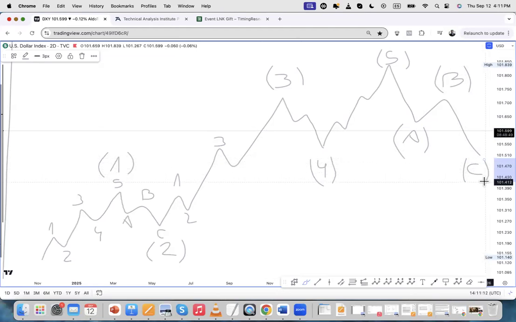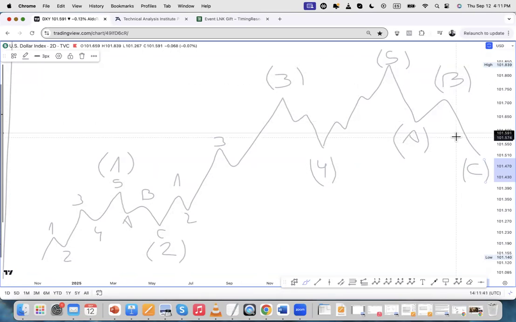We won't talk about the names of those degrees because it really doesn't make any difference. It's just complicated names. But we know now what degrees are and how many waves are in each one of those waves. Notice that the motive waves always have 5 waves and the corrective waves always have 3 waves.